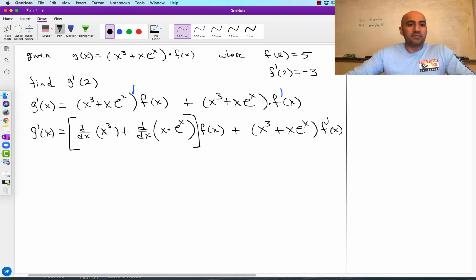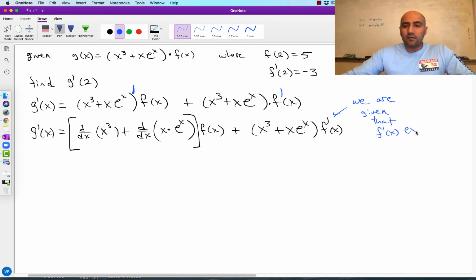We know it exists at 2. We are given that f prime of x exists at x equals 2. It might not exist everywhere, but it definitely exists at 2 because it's given there, and that's all we care about.